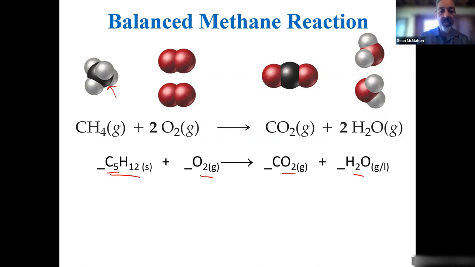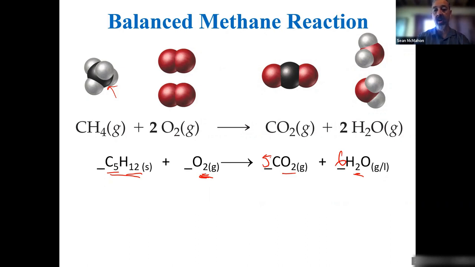There's 5 here, so I'm going to put a 5. Okay, so carbons are happy. Now I have both hydrogen and oxygen. Remember I said, if I have both, who do I save for the very last? The diatomic. Oxygen's a diatomic. So I'm going to go to hydrogen first. So hydrogen, there's 12. I have 2, so I put a 6. Why did I do that?